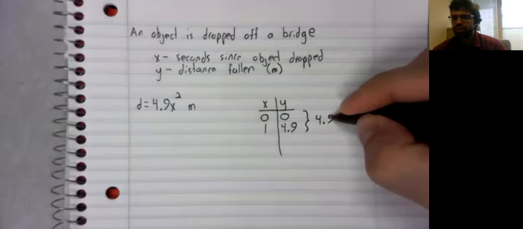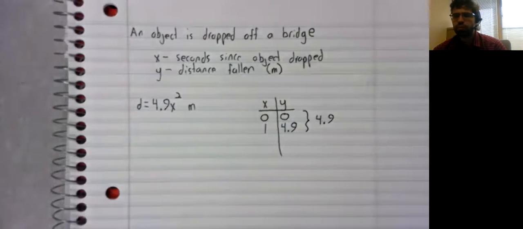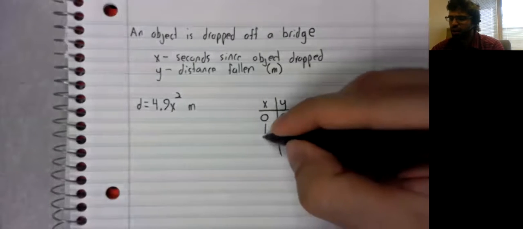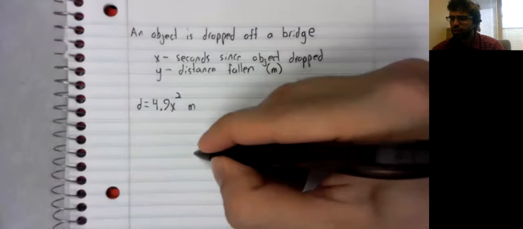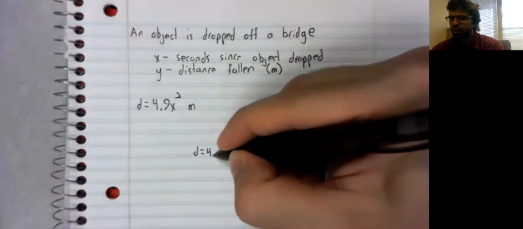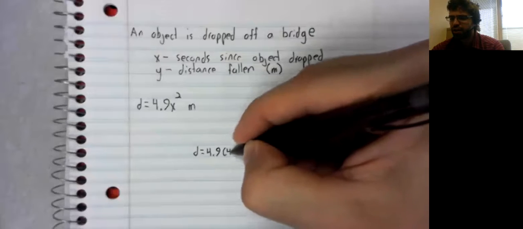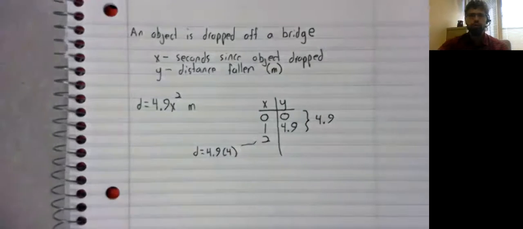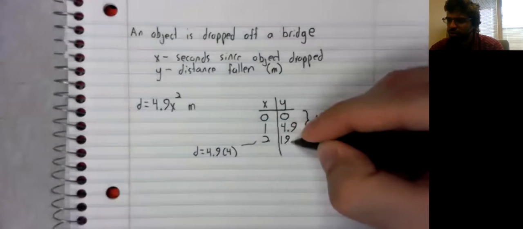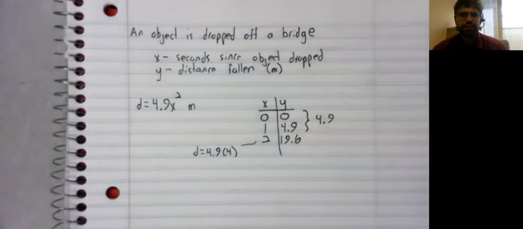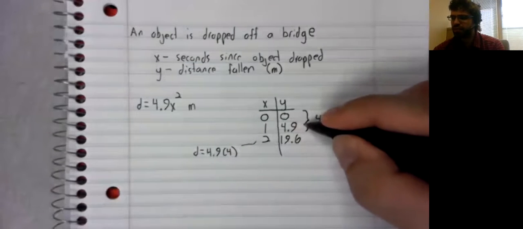So the distance has increased by 4.9. After 2 seconds, the object has fallen 4.9 times 4 meters. Let me just type that into my calculator. It's fallen 19.6 meters.